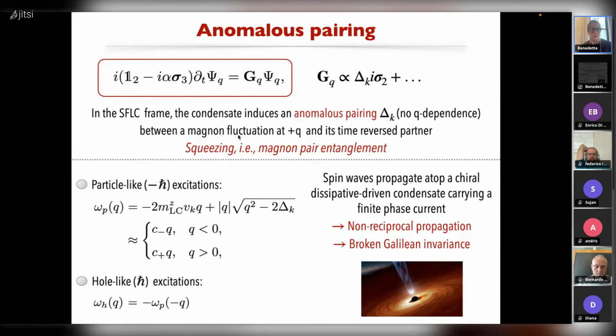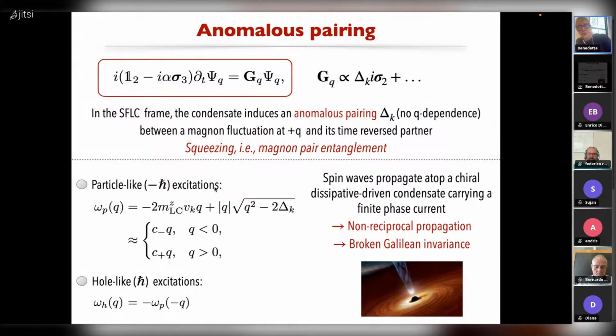And if you're interested, I can tell you more along that line. But it's really this superfluid limit cycle is, from the point of view of the magnon excitation on top of it, acting as a parametric pump that is creating these particle-hole pairs.